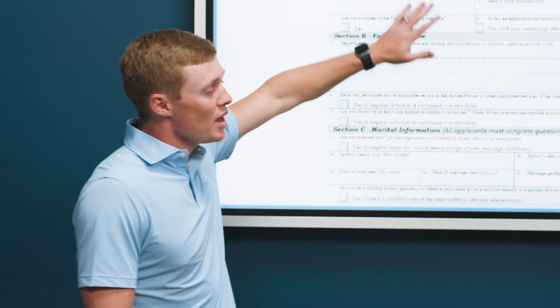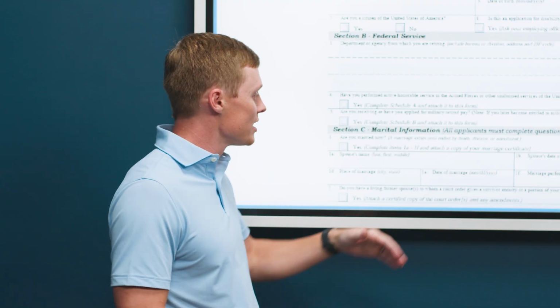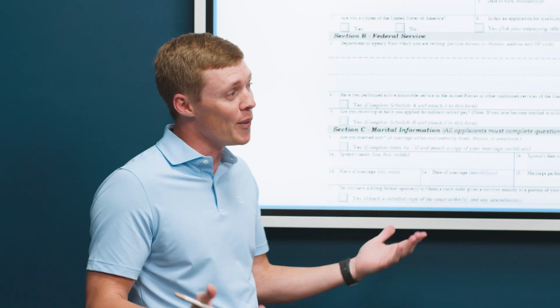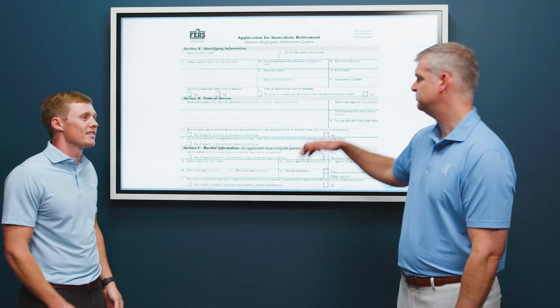So you need to start this probably pretty early when it comes to figuring this out, because there are a few things where you may have to dig through your filing system to come up with the information that they're going to need. That's right. Some people ask, why do I need to give my spouse's information? This is my retirement.